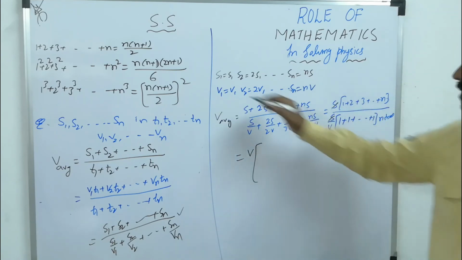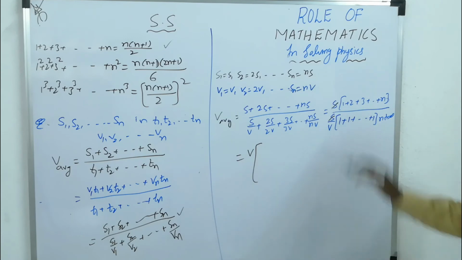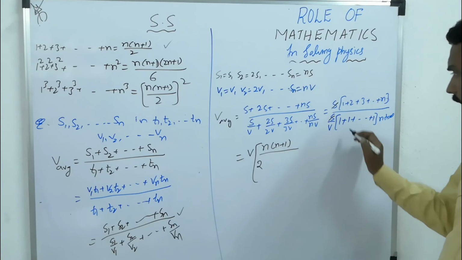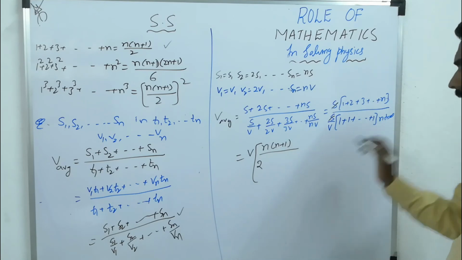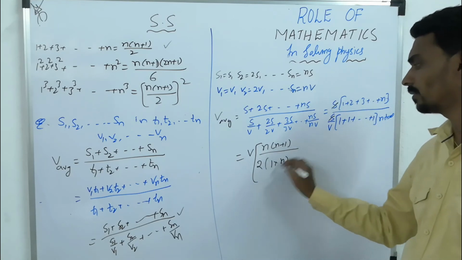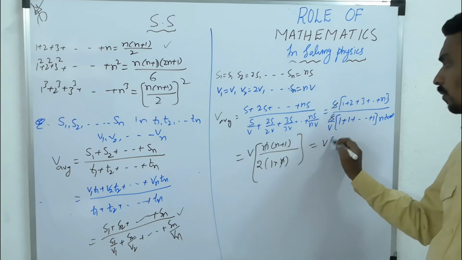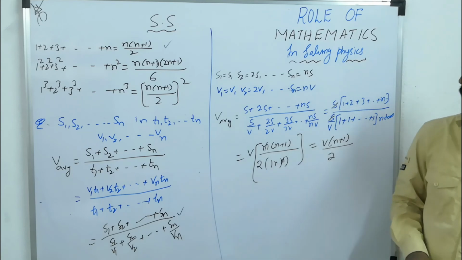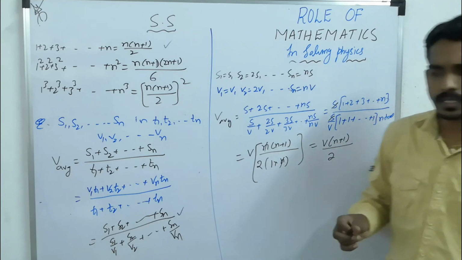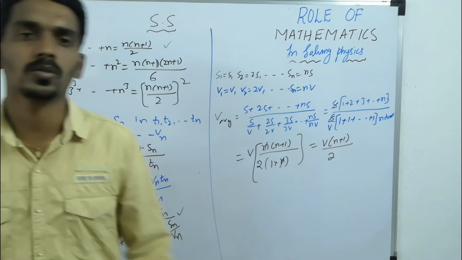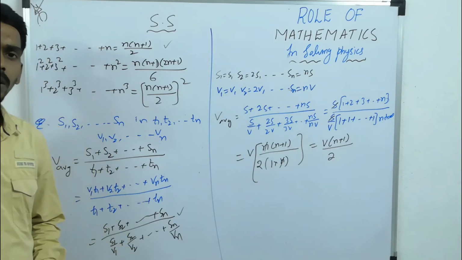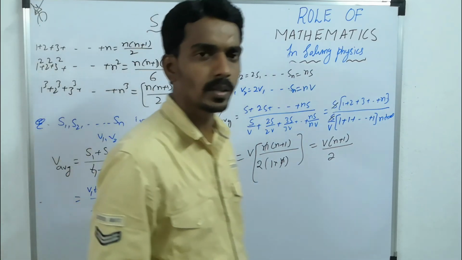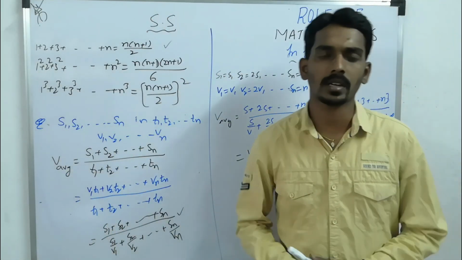Now this is the sum of natural numbers, so it can be written as n into (n plus 1) by 2, and the denominator is 1 plus 1 plus 1, n times, so 1 into n. Now n cancels, so we get v into (n plus 1) by 2. So in a particular situation you should think that this can be useful. In many situations you will use this data, like arithmetic progression, geometric progression, sum of natural numbers, and so on.